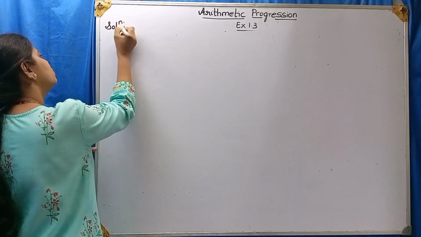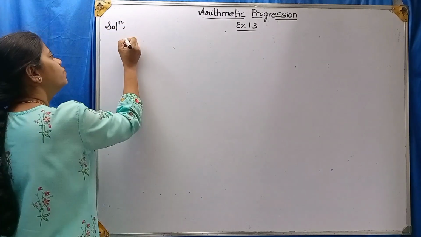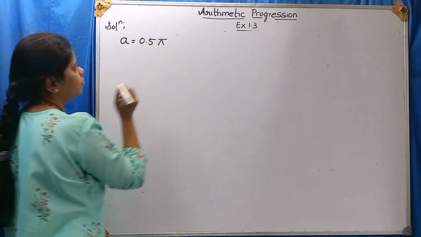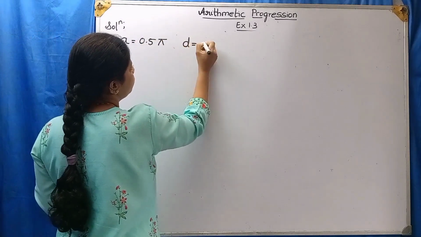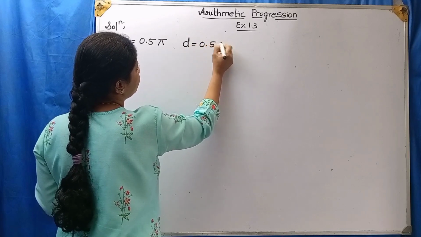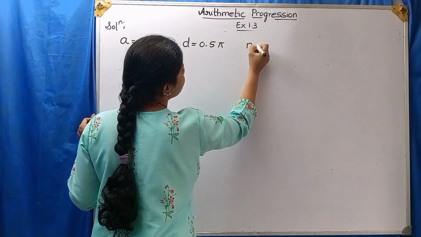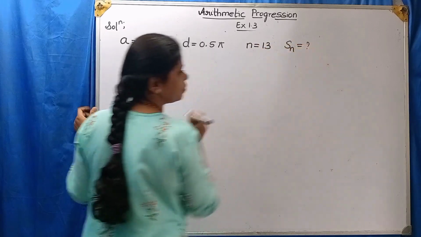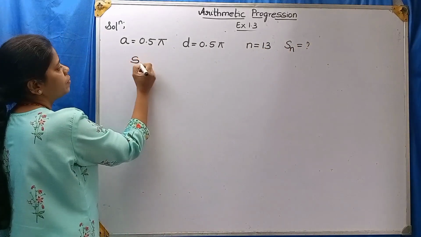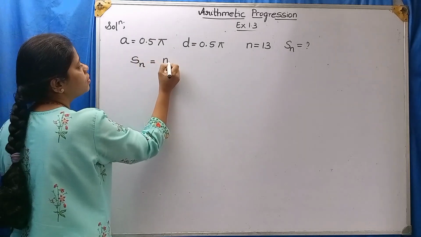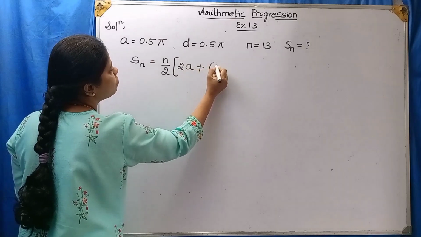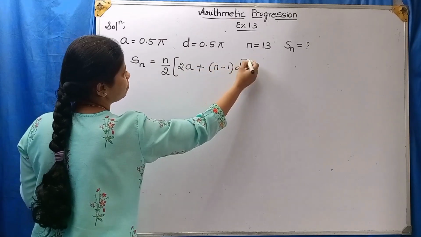Solution. What is given? A is equal to 0.5 pi. D is equal to 0.5 pi. And N is equal to 13. We have to find out Sn. And we know the formula. Sn is equal to n by 2 into 2a plus n minus 1 into d.